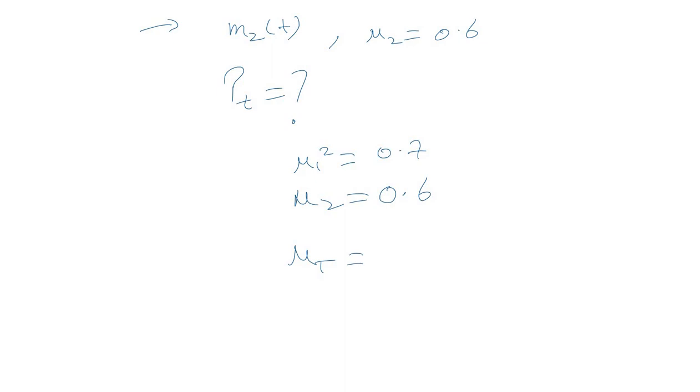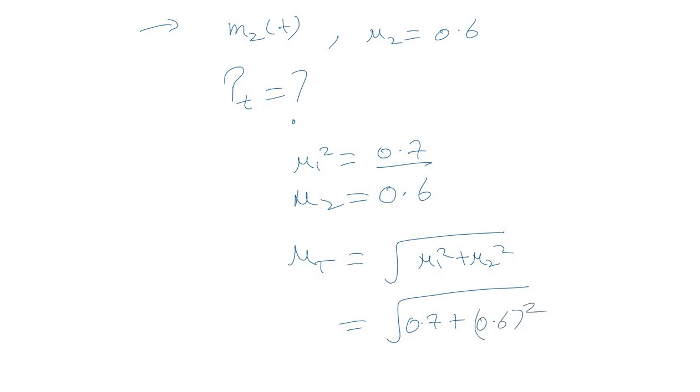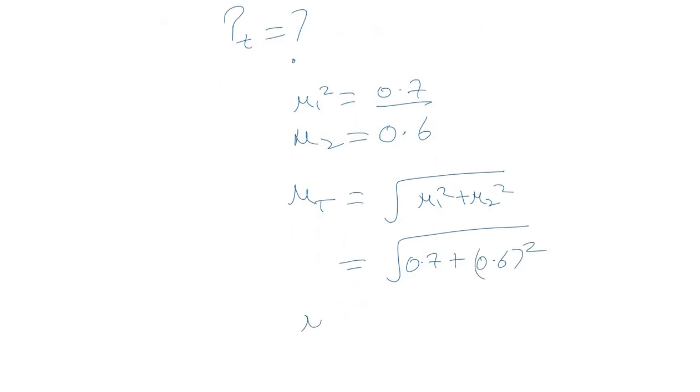We have seen the concept of multi-tone modulation in one of the previous lectures. So mu-t is equal to square root of mu1 square plus mu2 square. Mu1 square we already know is 0.7, mu2 square will be 0.6 square. Therefore, if we add 0.7 plus 0.36, mu-t is approximately equal to 1.